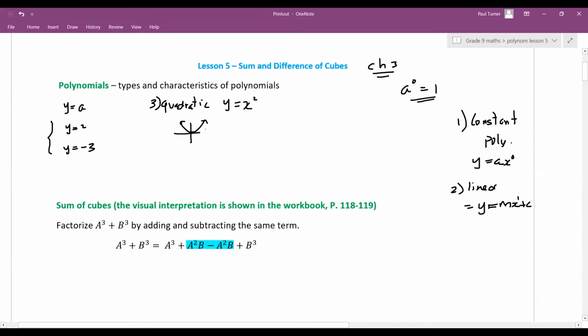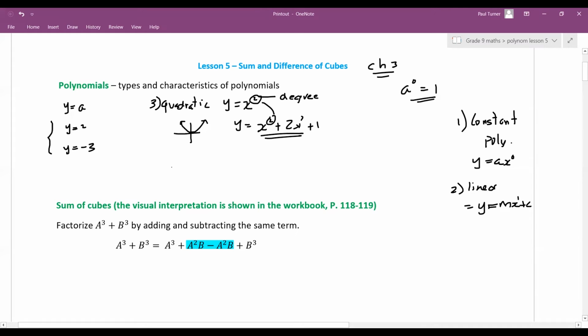Just a basic quadratic. The degree is 2. That's your degree. So anything like y equals x squared plus 2x plus 1, the degree is 2. This is still a quadratic. Don't worry about the x power 1. We follow the highest power, so that gives the name.